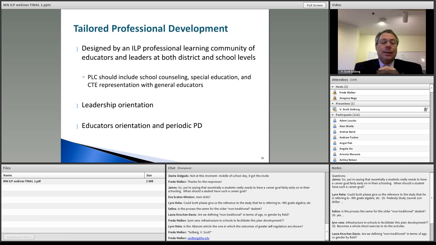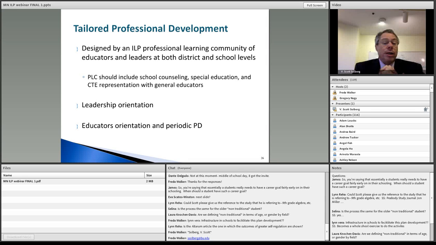I think it's the exact same model we could use in higher education as well. And it just provides a way to bring a choir together of people that are heavily invested, heavily engaged, while at the same time supporting that group and becoming the leaders to work with the larger system in terms of getting the training and professional development out.